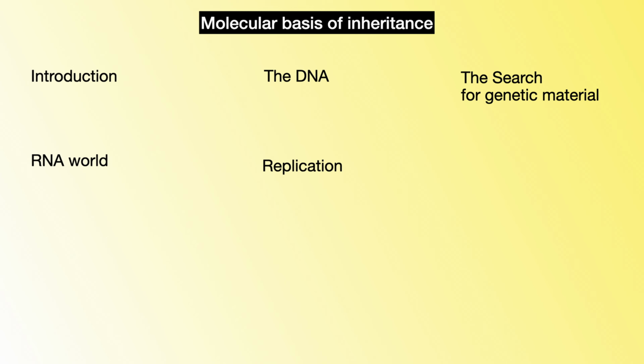So now there are 2 DNA molecules. Each DNA molecule would have one parental and one newly synthesized strand. This scheme was termed semi-conservative DNA replication.